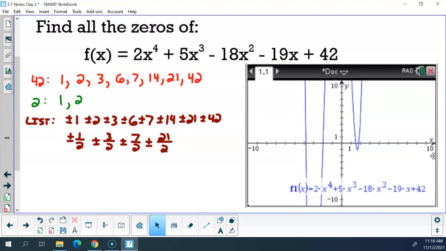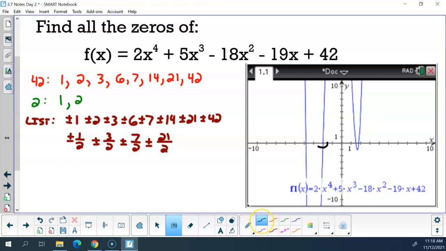Here are the 4 zeros of this function. We just have to narrow those down to whatever they are.